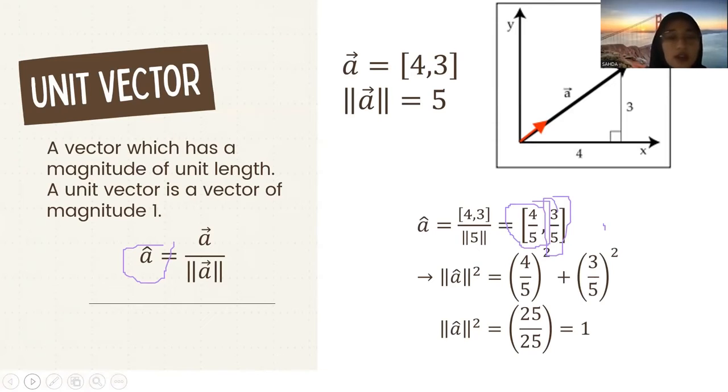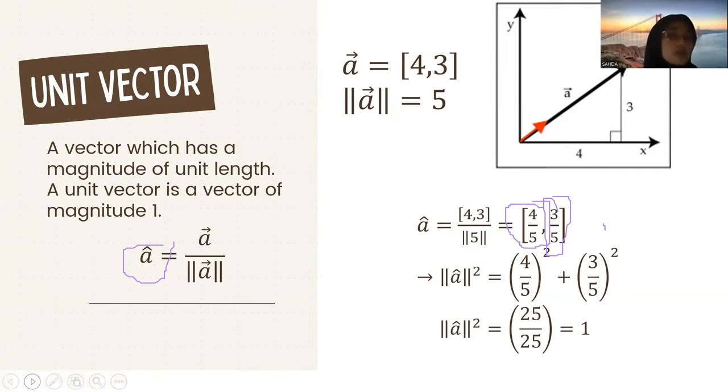So magnitude of â squared is equal to (4/5) squared plus (3/5) squared, and it's equal to 25 over 25, which is equal to 1. So the magnitude of â is 1.